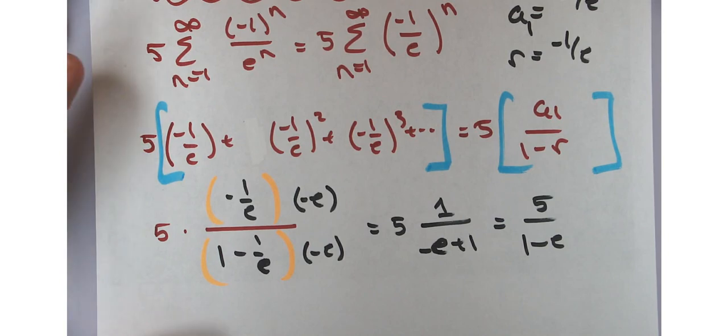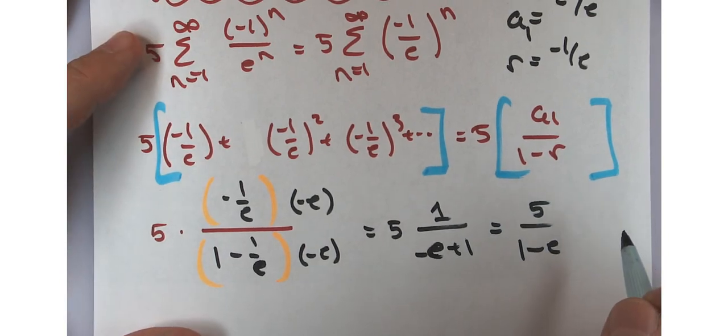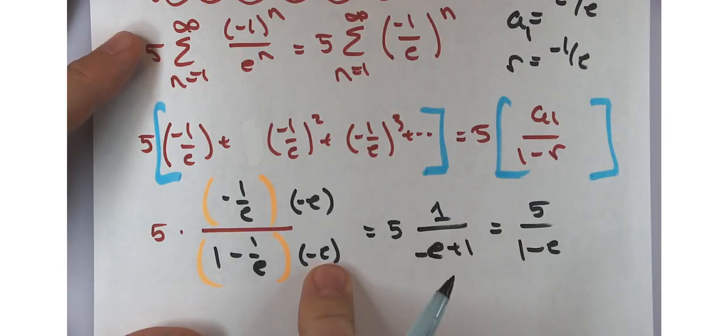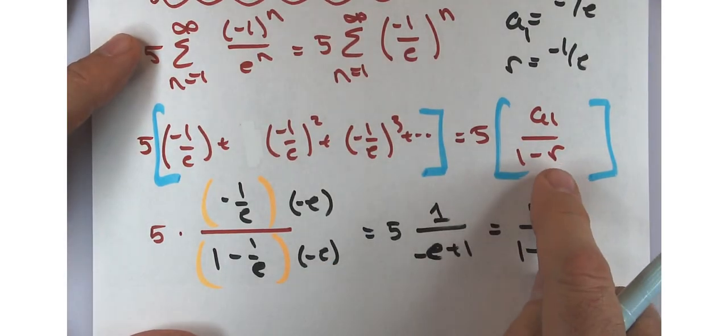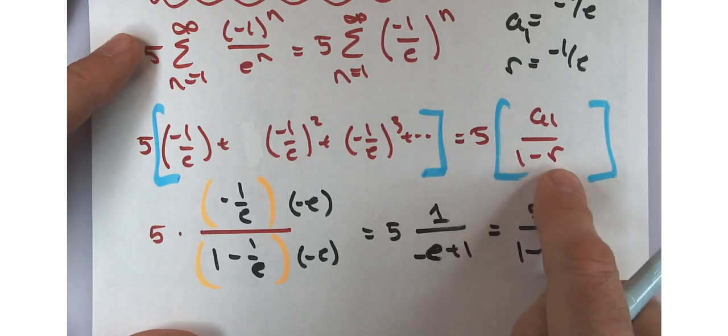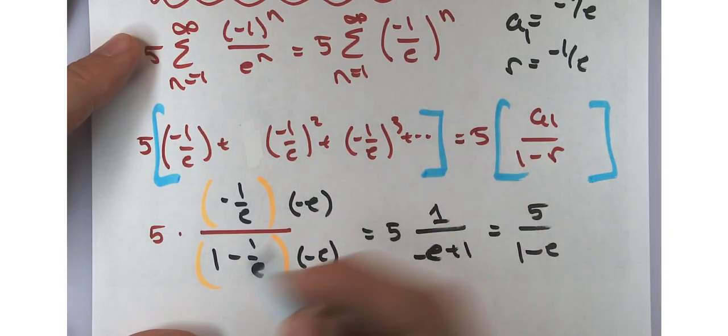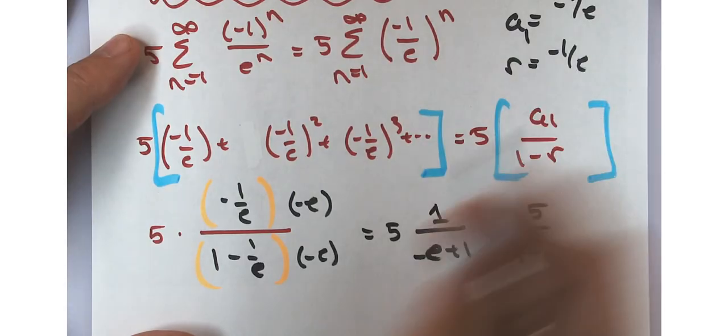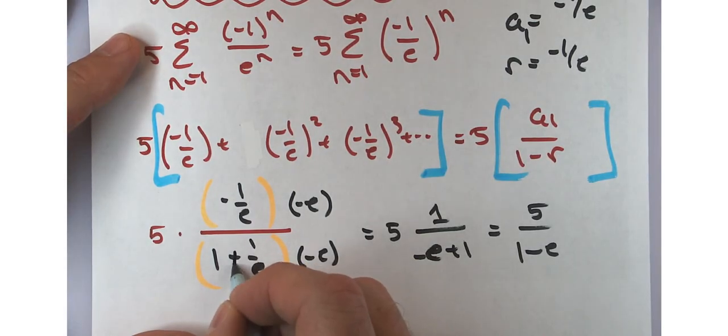Alicia? In the denominator, is it supposed to be plus 1 over e? Or is it the absolute value? No. It's a minus 1. 1 minus r here. Oh, wait, you know what? There's going to be a double negative here. You're right. So that double negative is going to be a positive.